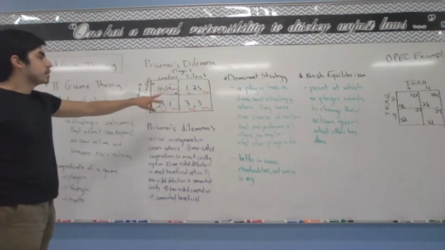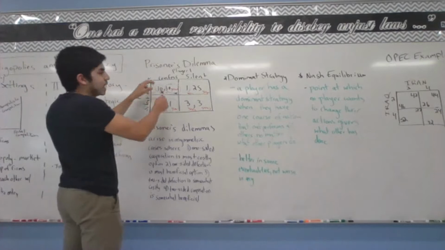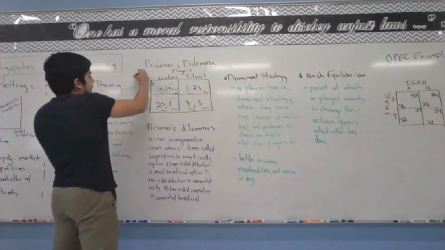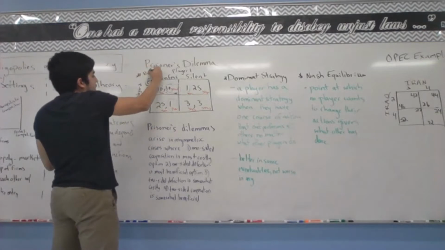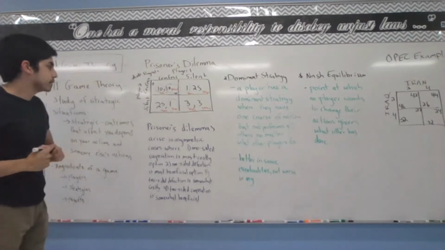It's also the point at which both players don't have an incentive to deviate, right? There's going to be no regrets, like hashtag no regrets. At a Nash equilibrium, hashtag no regrets.